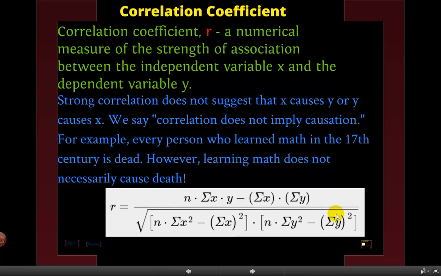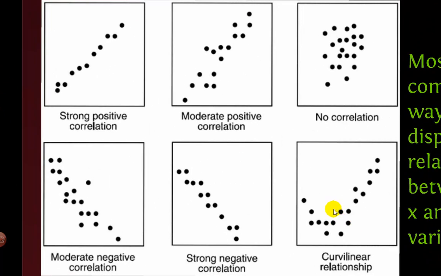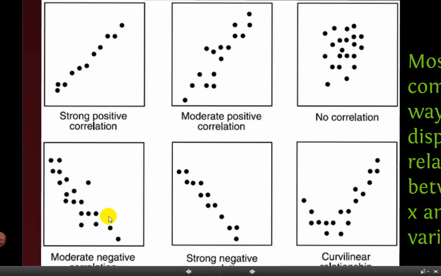There's a lot going on there. Don't worry about it. And again, going back to the scatter plots, notice they all talk about correlation: positive correlation, negative correlation, no correlation. These numbers here are going to be closer to 1 than this number.